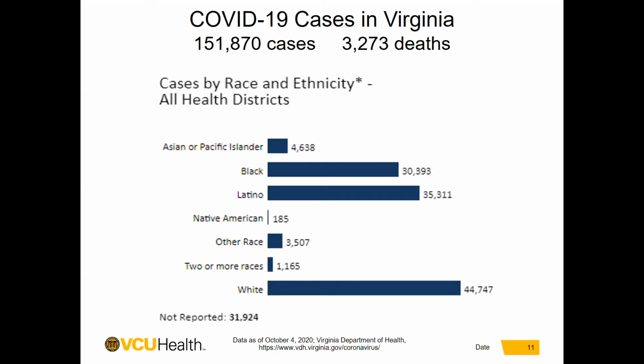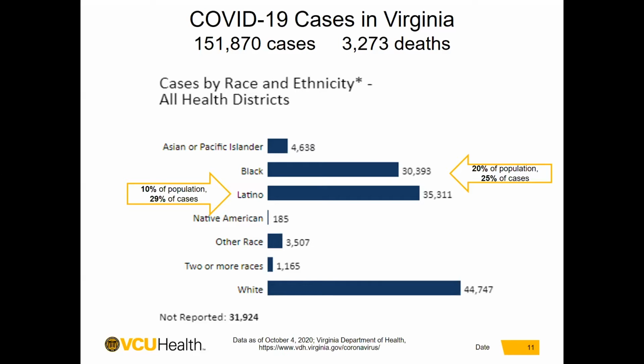But essentially, what we know today is that when you look at the data for Virginia, this pandemic is disproportionately impacting Black and Latino populations, as we are seeing similar trends across the country, with African Americans making up about 20% of the population in the Commonwealth, but represent 25% of the cases, 31% of the hospitalizations, and 27% of the deaths in the Commonwealth of Virginia.